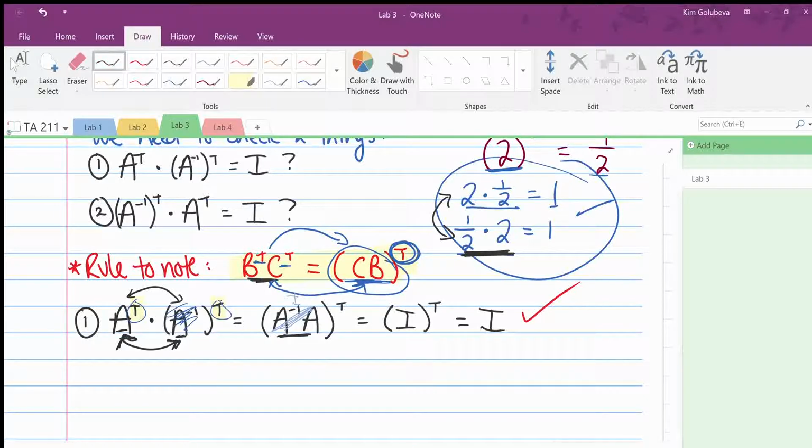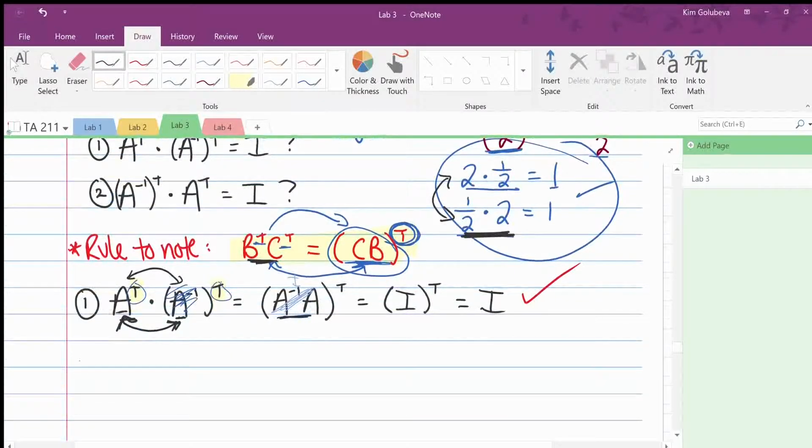So it works for the first case here. Let's see if it works for the second case. So similar type of setup here. We're just writing what we have. And once again, we notice we have A transpose times A transpose, so some matrix transpose times some other matrix transpose.